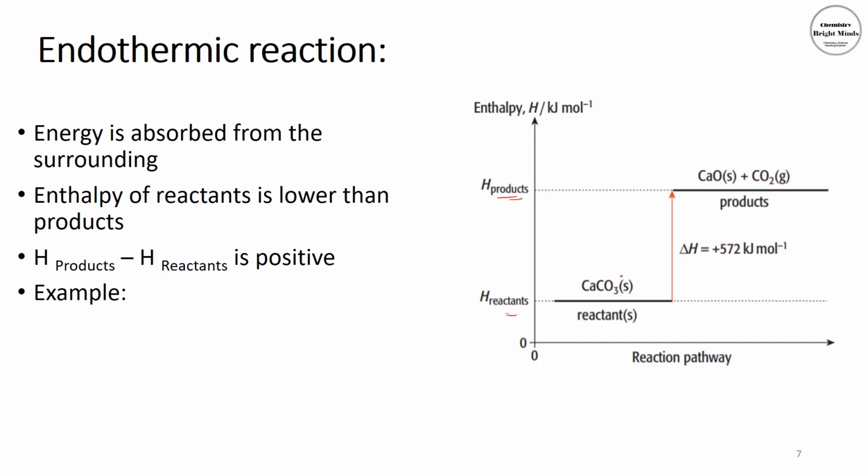So the energy would be absorbed from the surroundings. This means the product will have a higher enthalpy than the reactant. So if I look at the delta H in that case, my product minus my reactant, the product will have a higher value and the reactant will have a lower value.